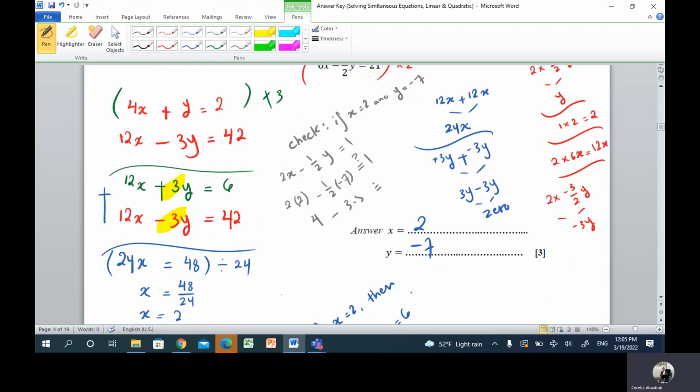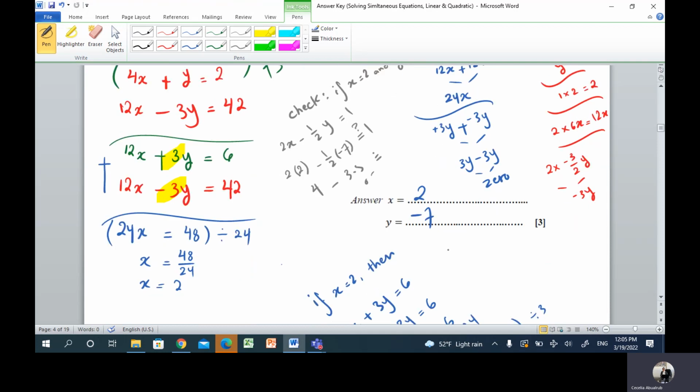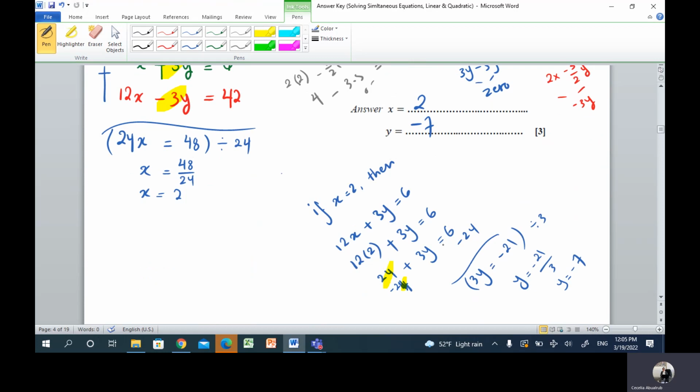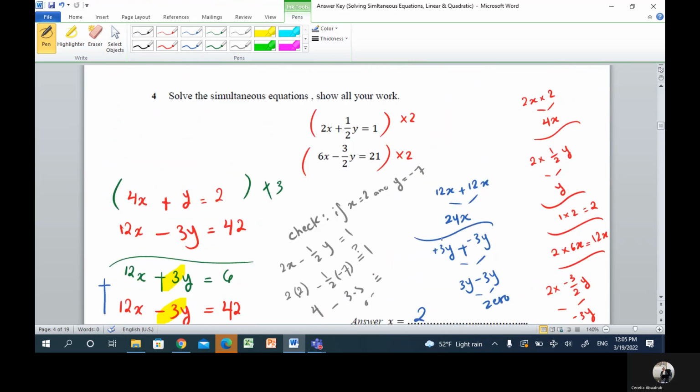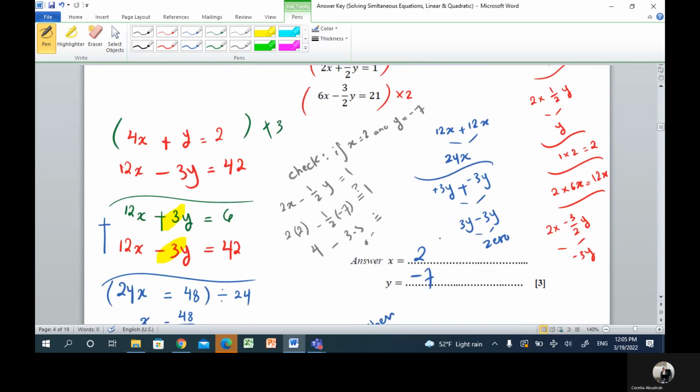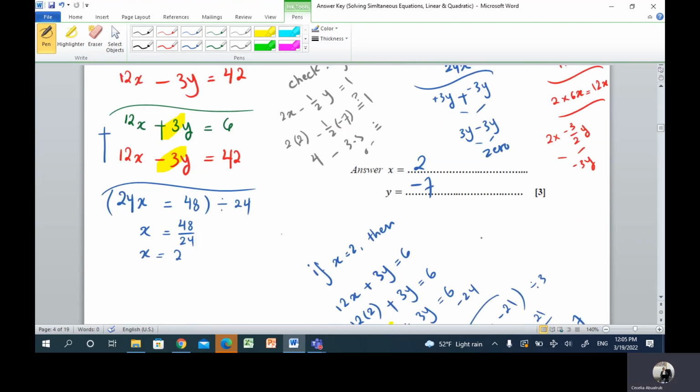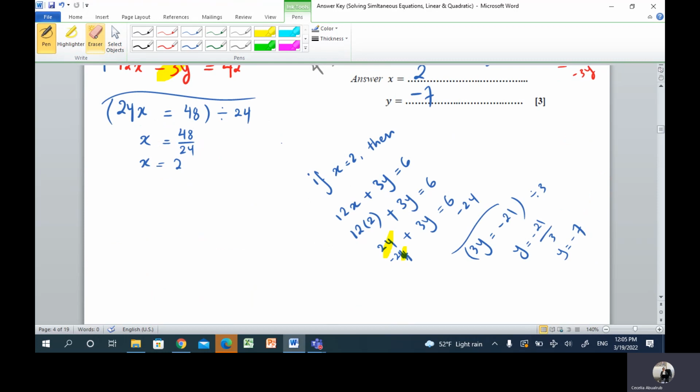So 4 minus 3.5, it's going to be 0.5. It's not equal to 1, so something is wrong here. Okay, let's check what actually happened. Okay, let me calculate. Just a moment, please.